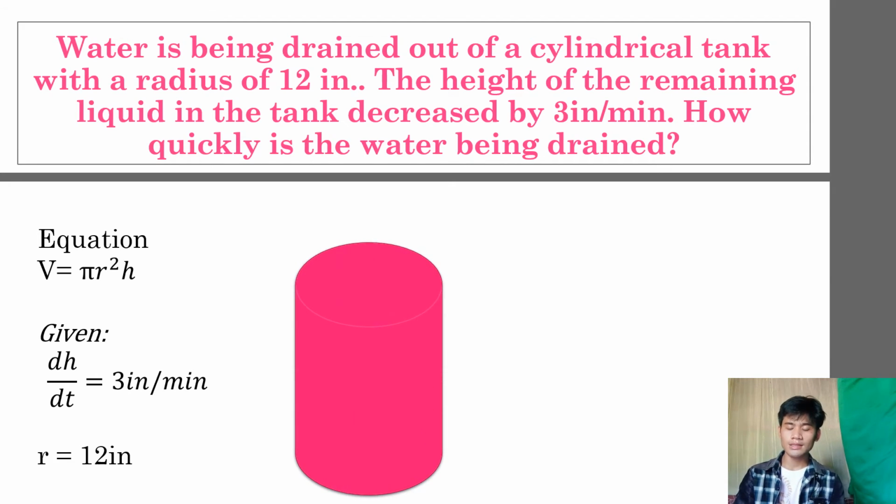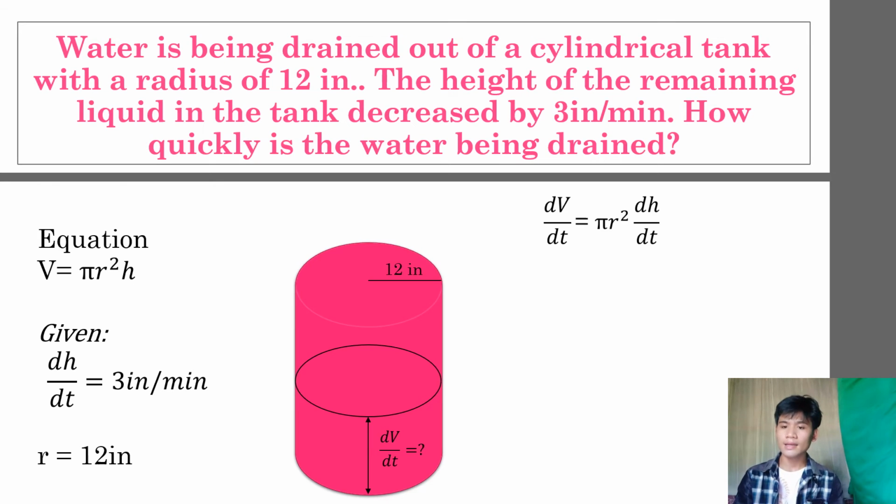Assume that this is the cylindrical tank with radius 12 inches, and we are looking for the derivative of volume, or the rate of change of the volume of the water with respect to time, since we are draining the liquid inside the cylindrical tank.